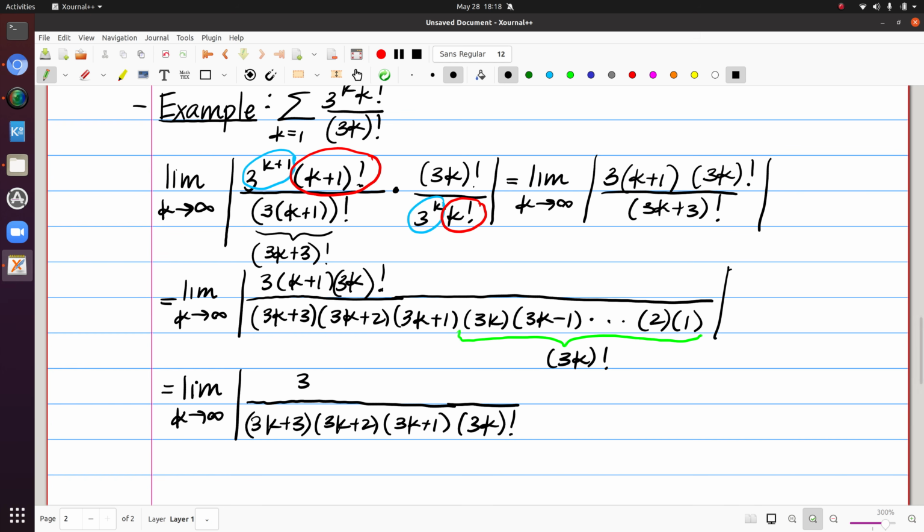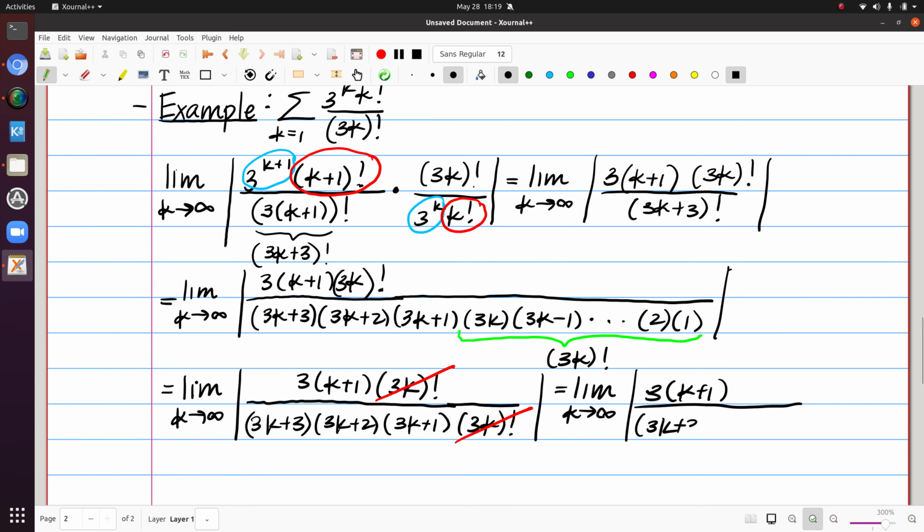And now I'm at a point where I can cancel the 3k factorial from the top and the bottom. That leaves me with my limit of now 3 times k plus 1, and in the denominator, 3k plus 3 times 3k plus 2 times 3k plus 1.